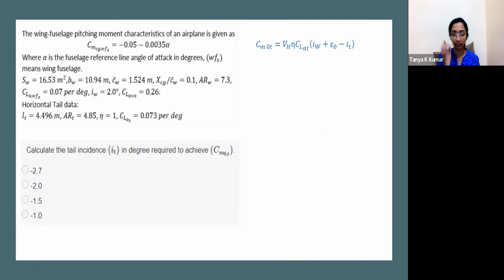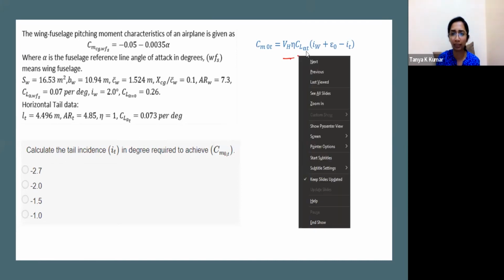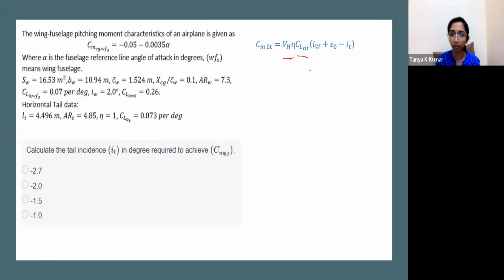Now the tail incidence angle. We have all the terms in this equation. We have VH, which we calculated, eta is taken as 1, CL alpha tail is given directly in per degrees. We have I wing in degrees. We have epsilon naught, we just calculated it. We need to find out this tail setting angle.